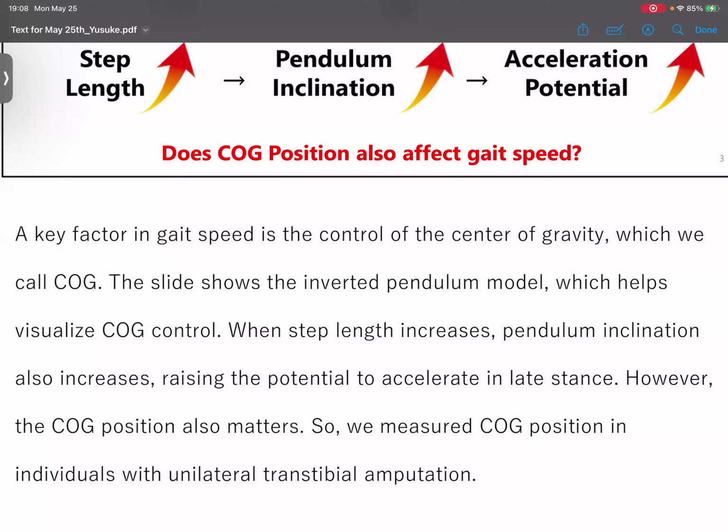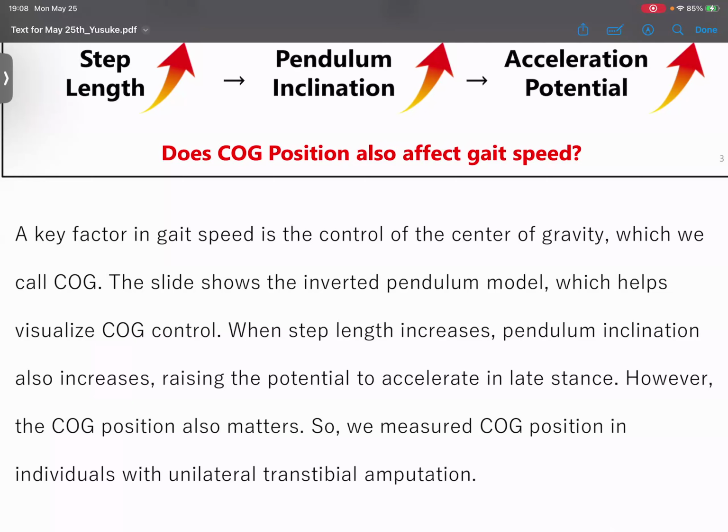When step length increases, pendulum inclination also increases, raising the potential to accelerate in late stance.